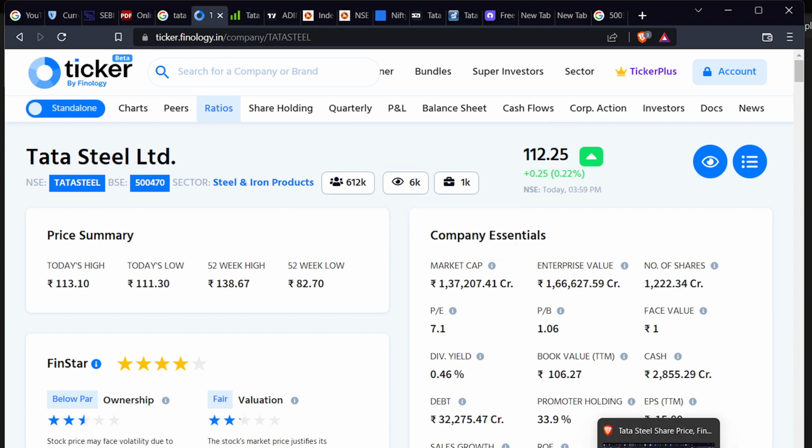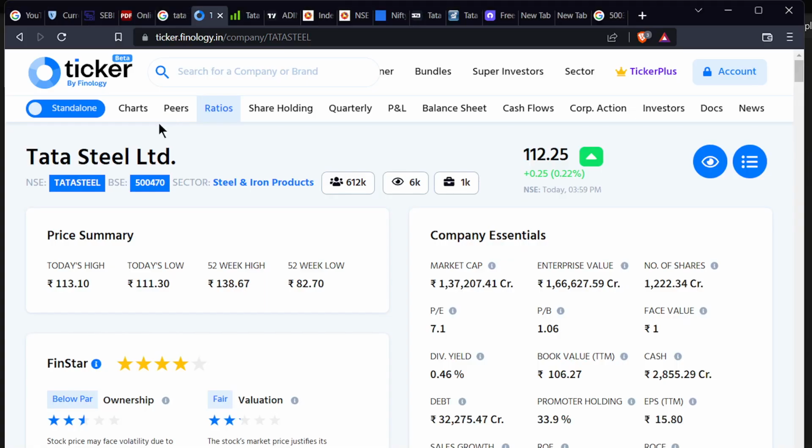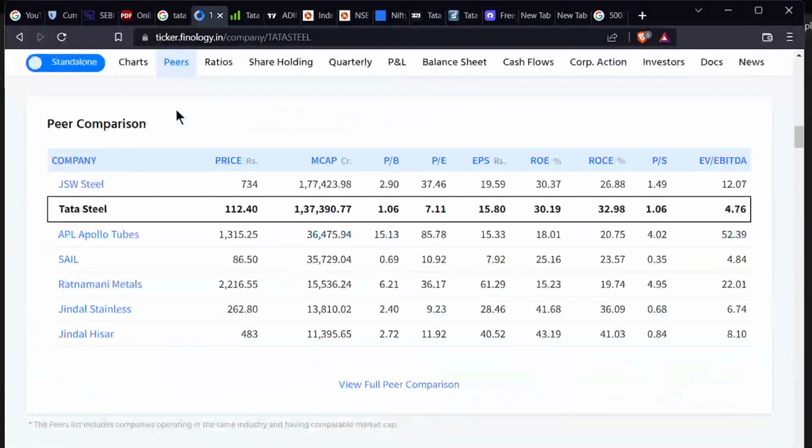Whatever value we are getting here, this PS value, PB value, PE value, you'll get some value, but how to decide that? You need to compare with companies of the same product. For example, here I took a steel company. So whatever the other steel companies are there, you need to compare the PS value with the other companies, to see which is better. That we will also get here, in the peers, we'll get all those companies.